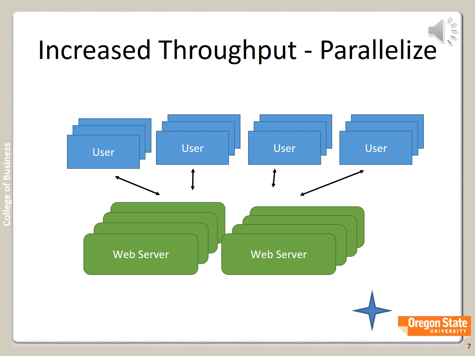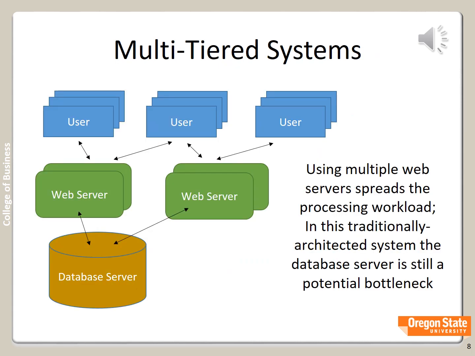So why are we talking about this in a database class? Well, because systems usually need to share data, and it's not so easy to share data across dozens of independently operating systems. Modern multi-tier systems separate processing from data management.